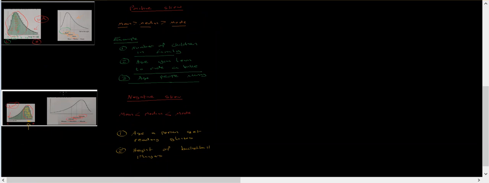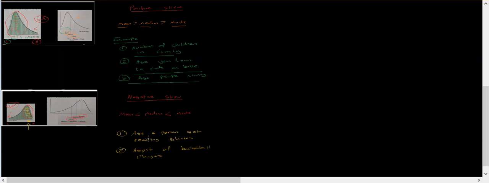And the last one is the negative skew. This is just the reverse of a positive skew. The tail will be on the left hand side and the majority of your data will fall on the higher end of the scale. Generally the mean is going to be less than the median, which is less than the mode.